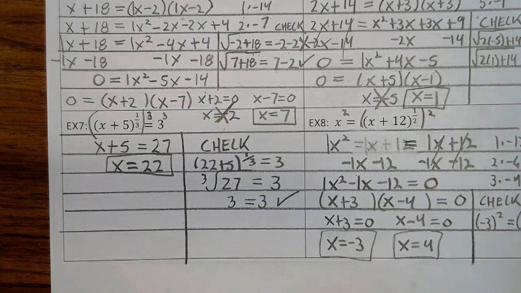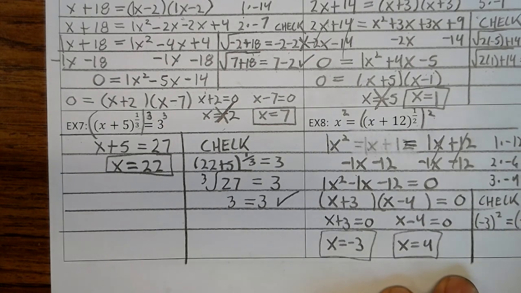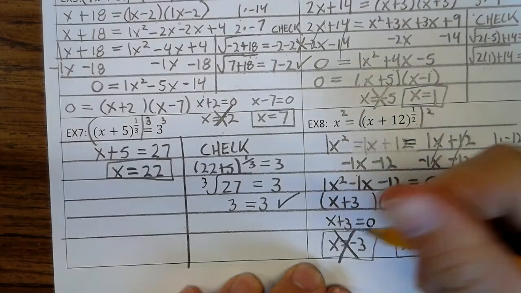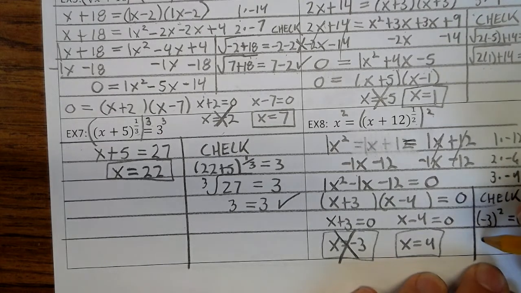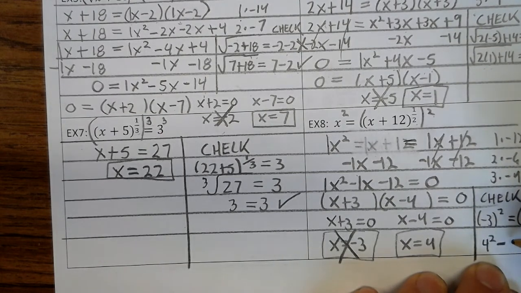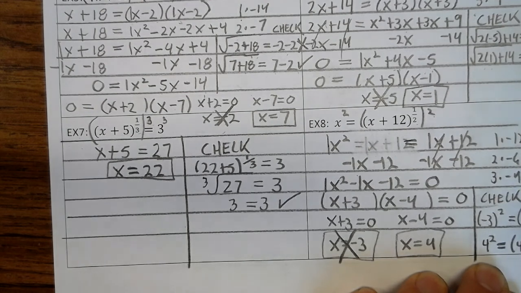Well, that's 9, that becomes negative 3 plus 12 is 9. The square root of 9 is 3. This doesn't work, so now we try 4. 4 squared equals 4 plus 12 to the 1/2, which we know is the square root of 16.